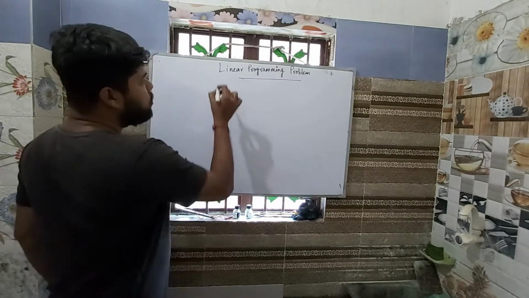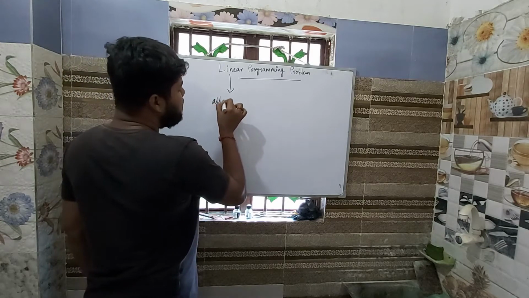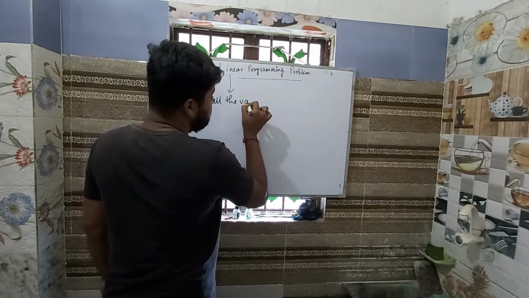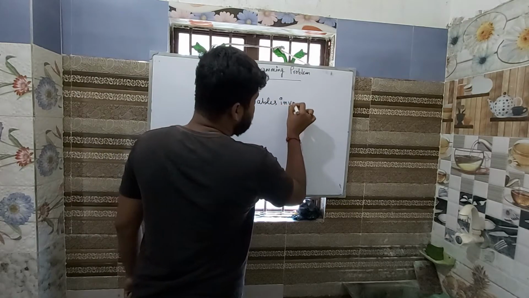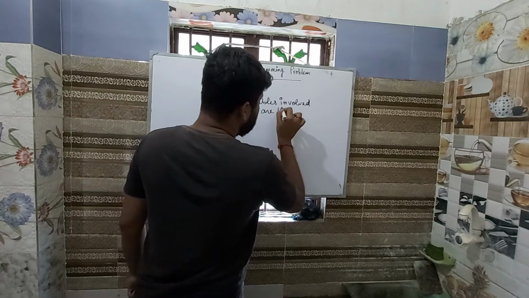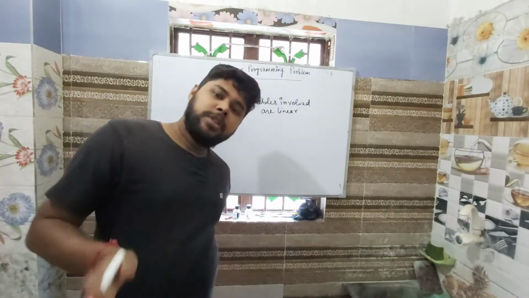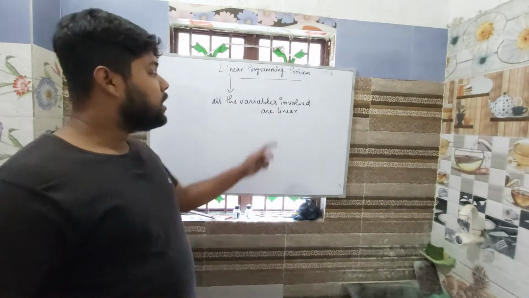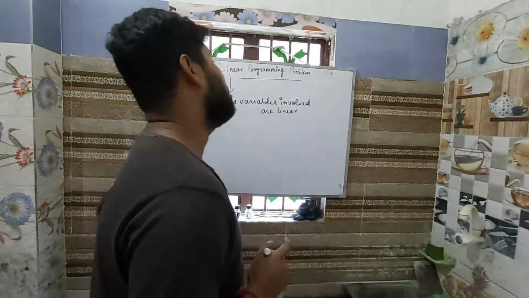Now, linear programming problem, the word linear means that all the variables involved are linear. Fine. So whatever kind of variable we are going to work with, they are all going to be linear. So their power is going to be 1.